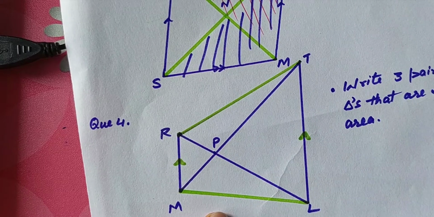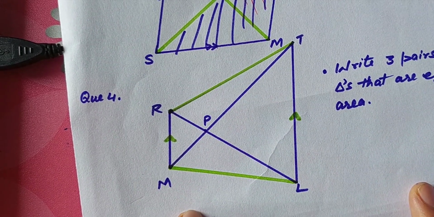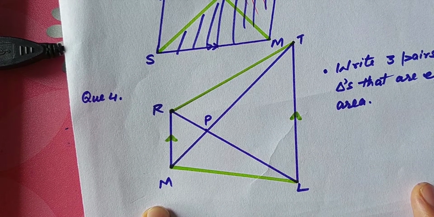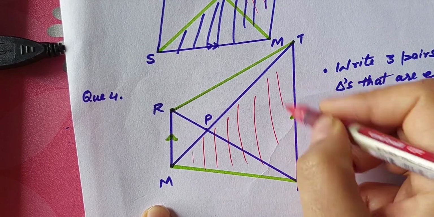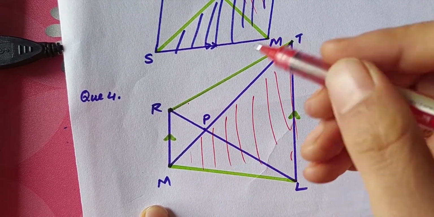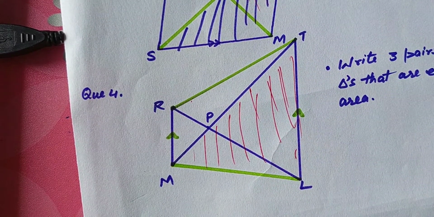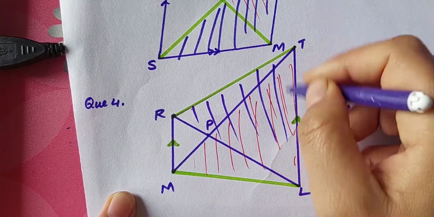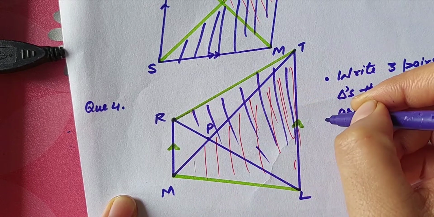Now here, write 3 pairs of triangles that are equal in area. I purposely wrote 3 here because 2 can be easily found. First of all, these 2 triangles have the same area, this one and this one, because of the same base and between the same parallels, so the same height.